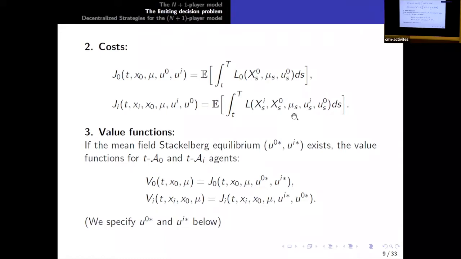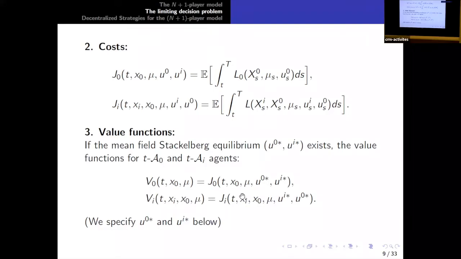Essentially, this mu s as the mean field provides the medium for the interactions of the players. And here we can further introduce the value function. Suppose here we already have the Stackelberg equilibrium, then we can define the value function in this form.